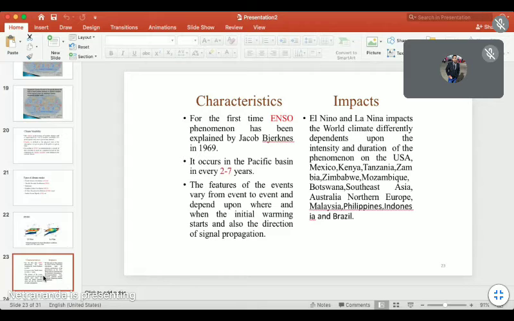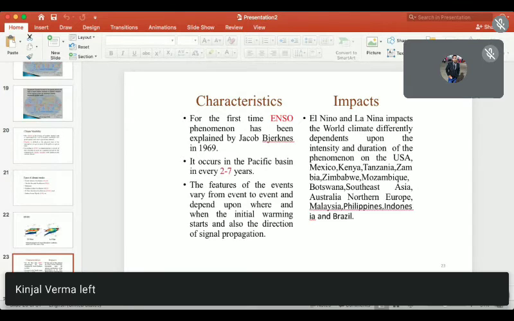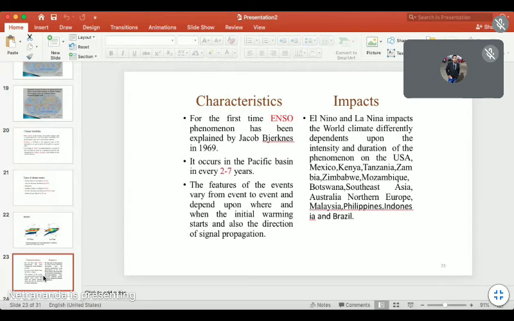So the features of the events vary from event to event, because of the intensity of heating and cooling; because of that intensity, the event varies from one to another. So when this event becomes very dangerous, sometimes it creates drought and flood in some areas.